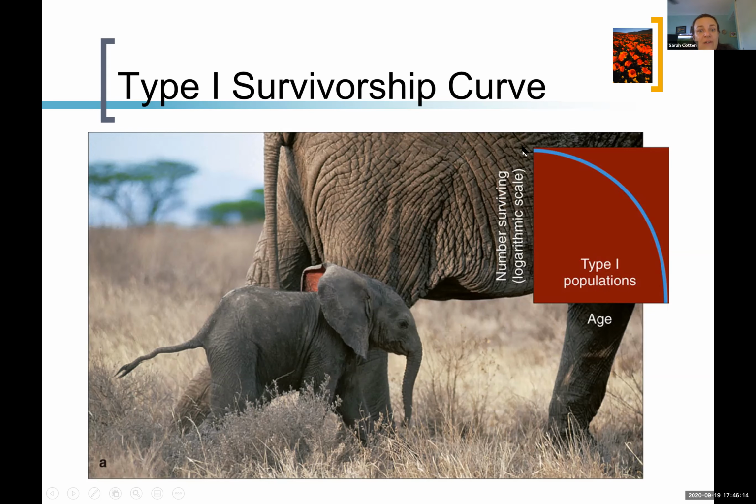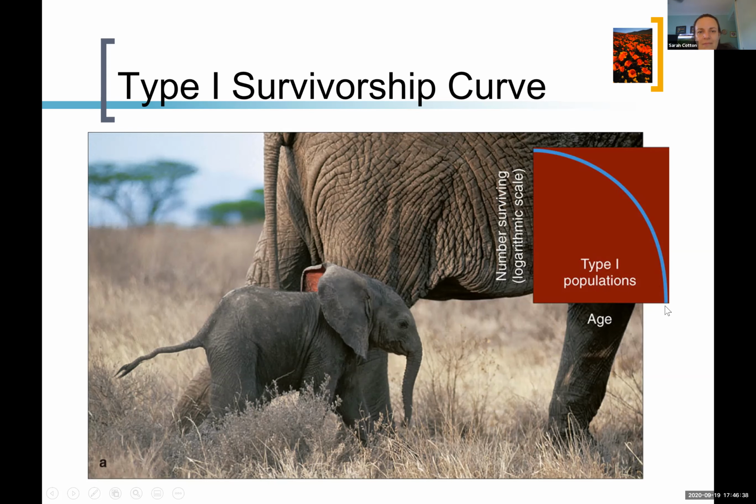And then the number of survivors, right? So this blue line, what does it tell us? It tells us, well, there's a high number of survivors in the little baby, kid, teenager, young adult area. And then as you get closer to middle age and elderly, there's fewer survivors. Okay.